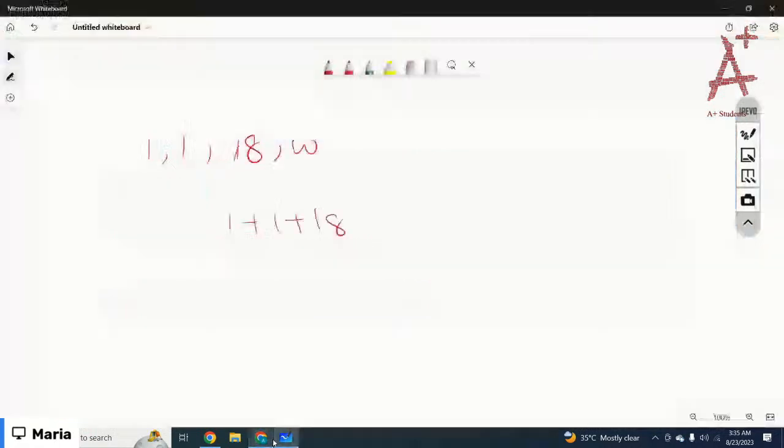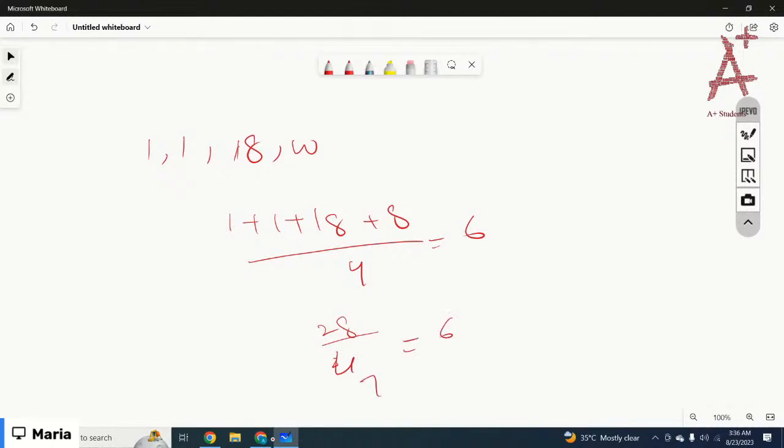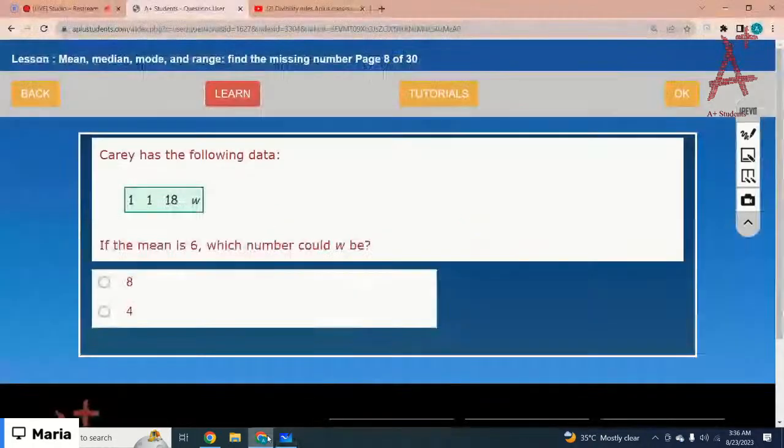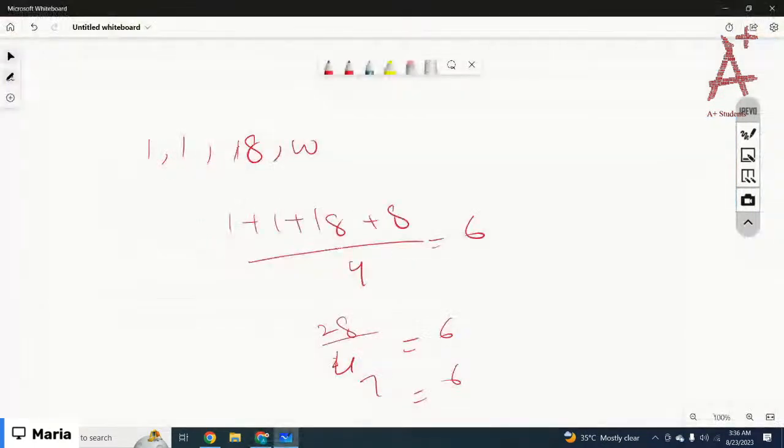And the options are 8 and 4. For example, W is 8. You have to divide by 4 and the answer should equal 6. 18, 19, 20 and 20 plus 8 is 28. 28 divided by 4 is 7. No, they are not equal, right? That means the missing number would be 4. You can even add 1 plus 1 plus 18 plus 4 over 4. 18, 19, 20 and 24 over 4. 24 over 4 is 6. So 6 is equal to 6. So the correct option is.